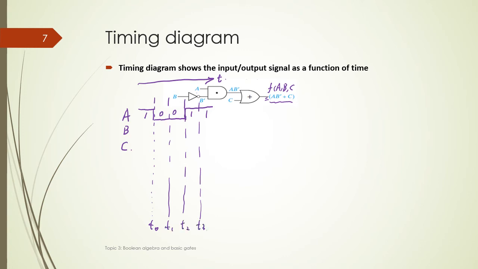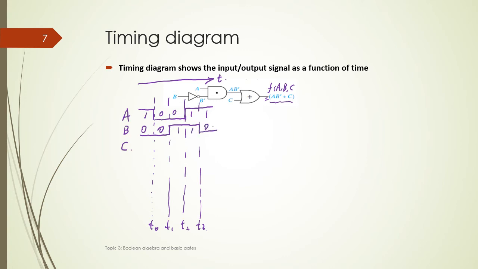This is actually what happens in the real circuit. The signal value will change. B changes in a different way. It first starts with 0, then at T1 it becomes 1, and at T2 it keeps 1. At T3 it becomes 0 again.